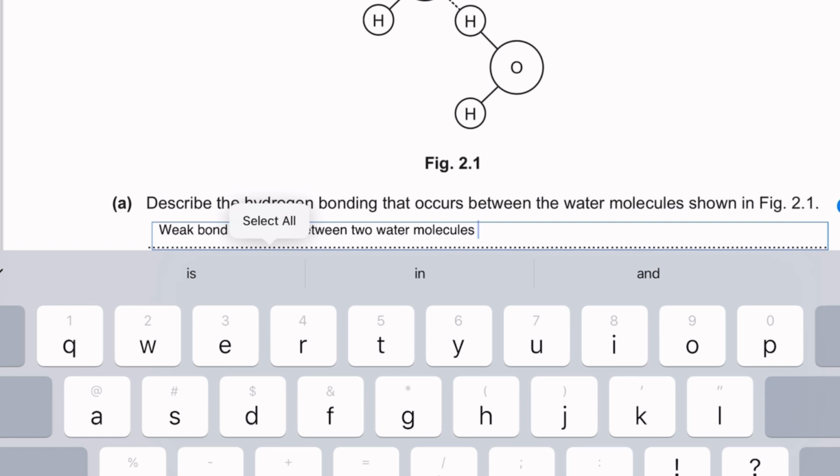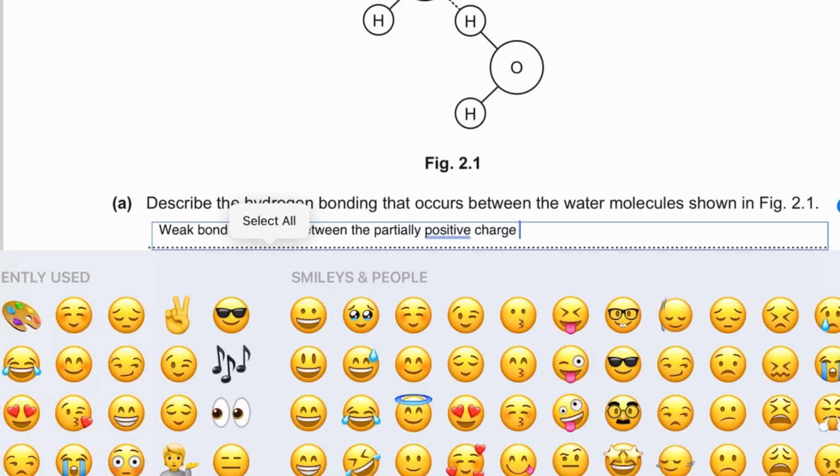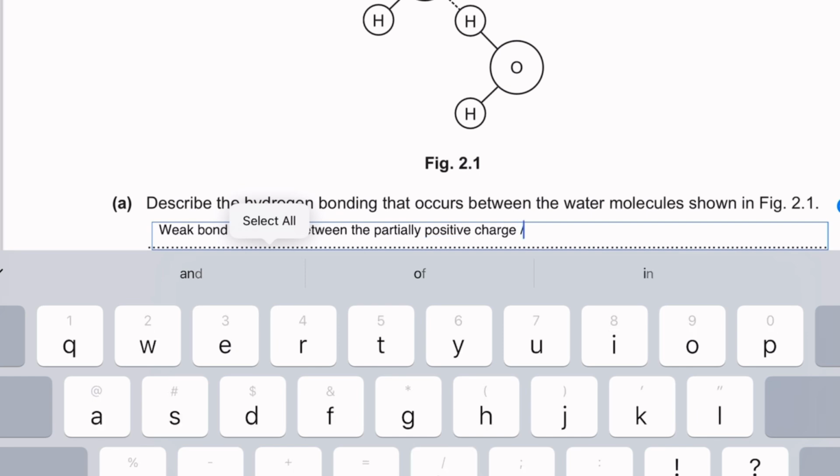Okay, come on. Between 2 water molecules, or let's go ahead and say instead between the partially positive charge, you could also always say delta positive, okay? And if you know the delta sign, even better.